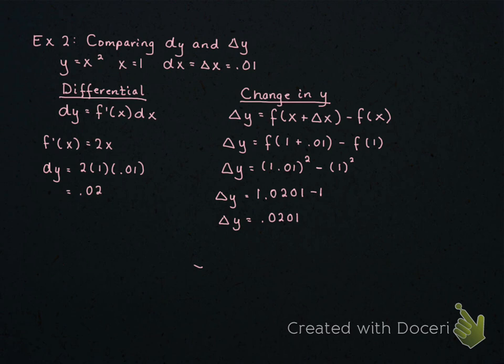So you can see how close the differential evaluation is to the change in y. Okay? The change in y, again, is more accurate because it's got 2 more decimal places to it. So the change in y is a little bit more accurate.